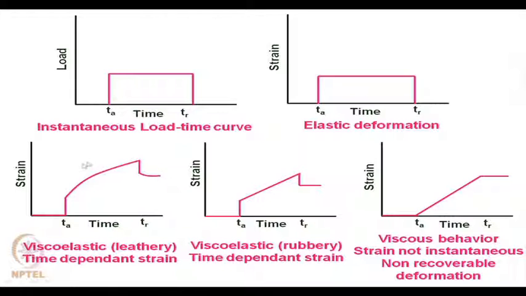Why does this happen? That can be explained with the help of the crystalline and amorphous morphology of polymers, or this is a property of polymer having both elastic property of solid, as we see in this case, and viscous property of fluid, as we see in this case.